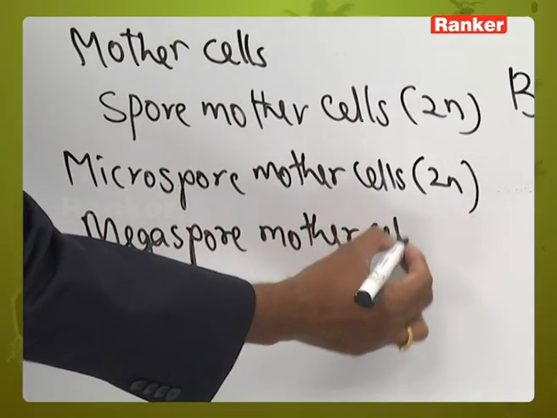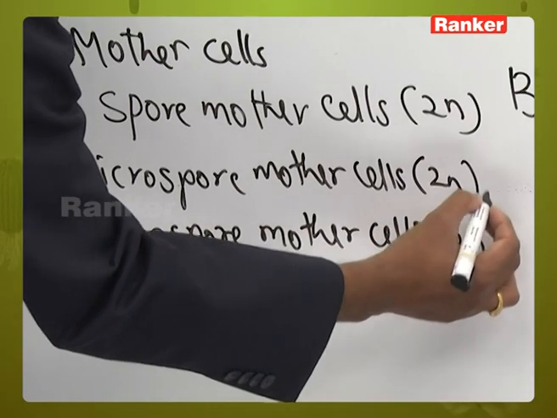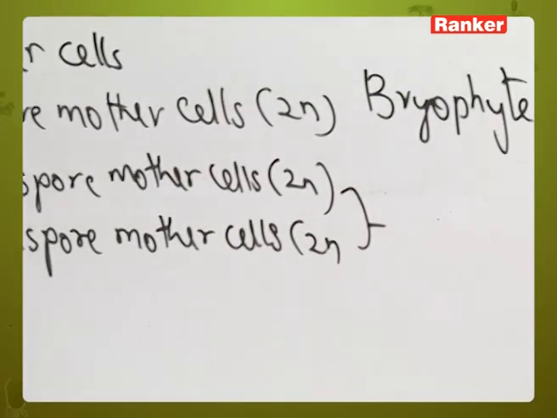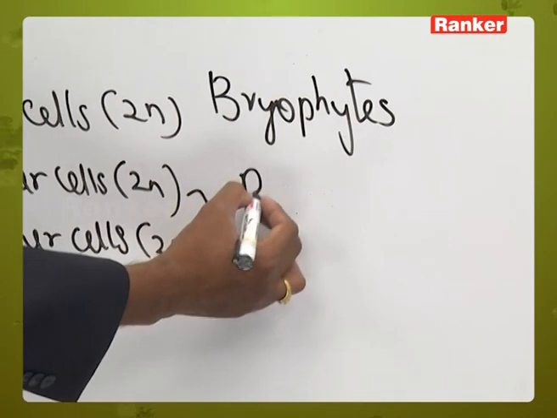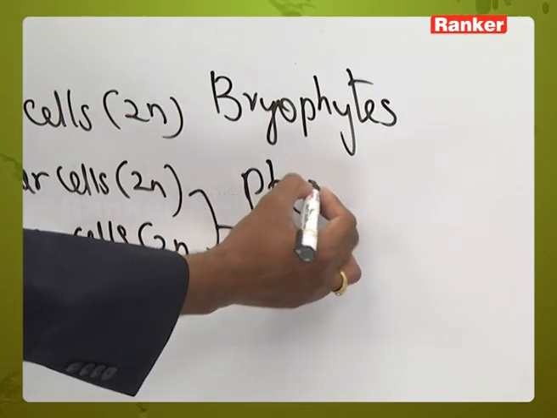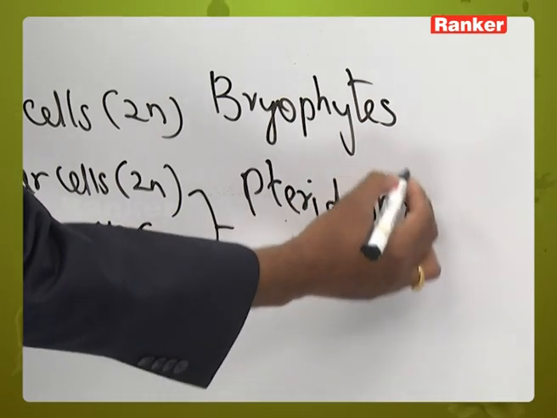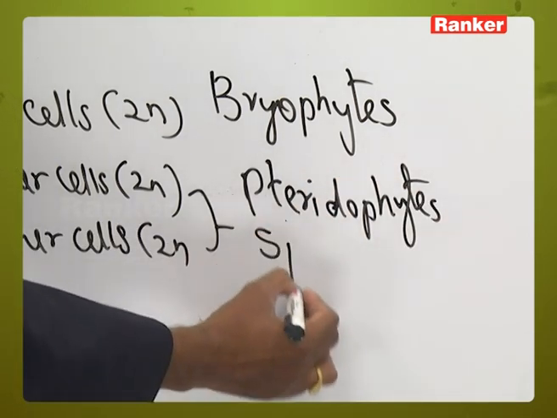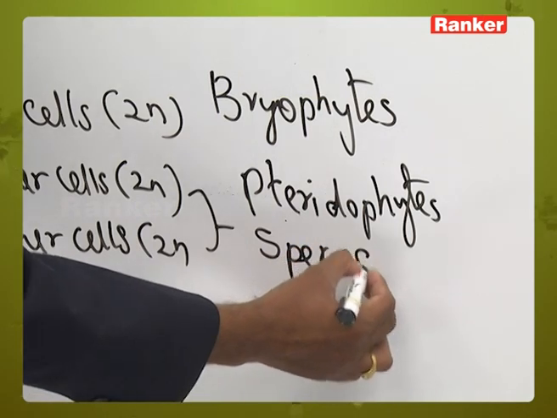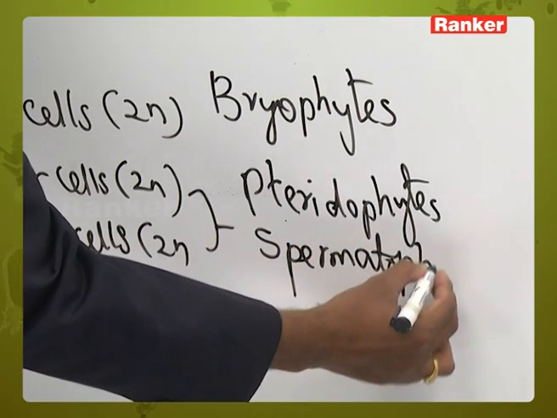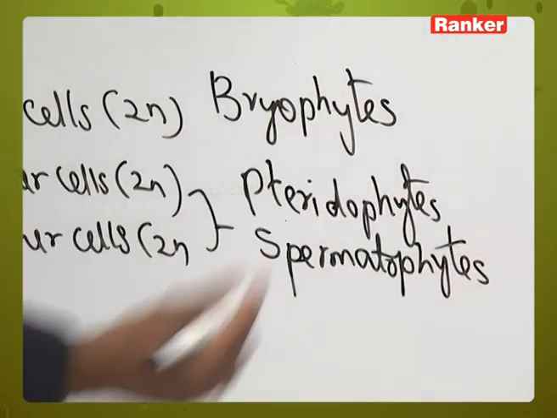These megaspore mother cells are also diploid in condition, and both of them will undergo meiosis. This can be observed in the further group of plants, pteridophytes and spermatophytes. Of course, spermatophytes include both gymnosperms and angiosperms.